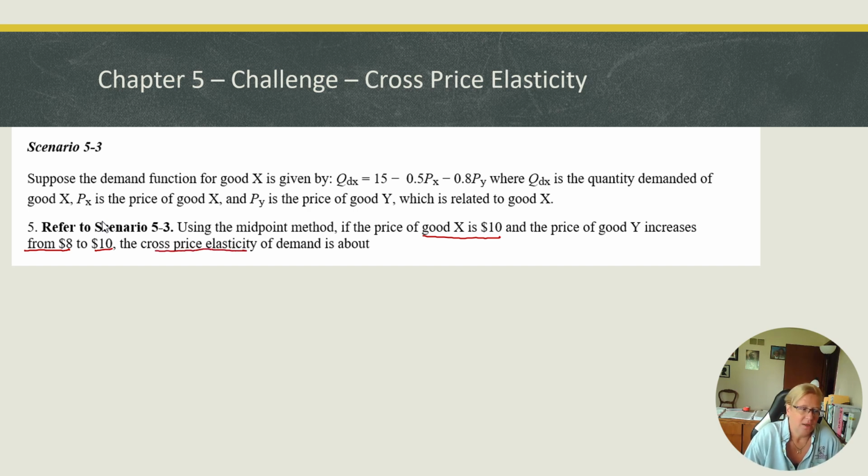So we have the price of good X, similar to that first problem, and the price of good Y1, which is $8, and the price of good Y2, which is $10. And we want to calculate the cross price elasticity.